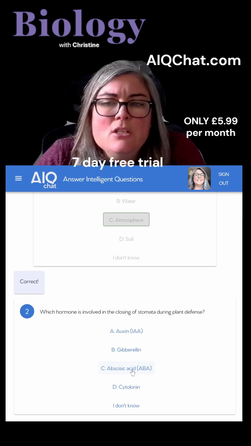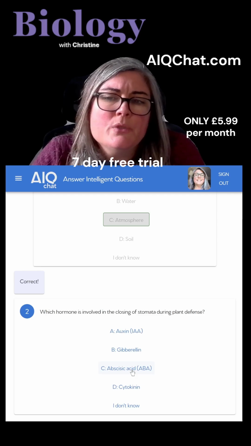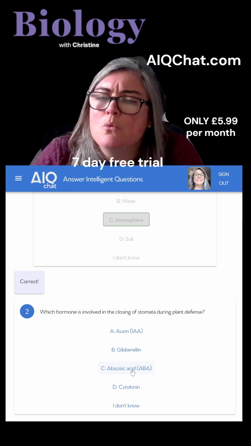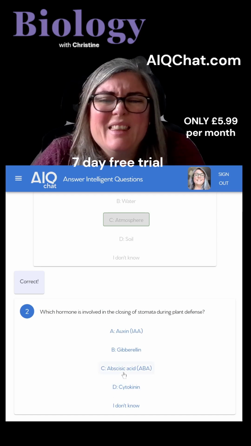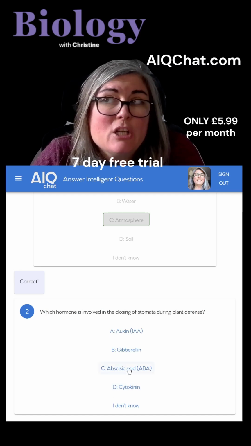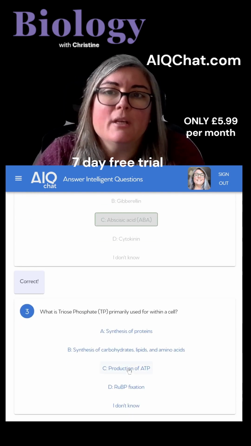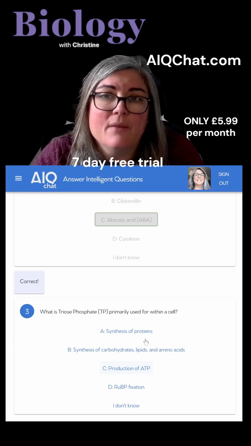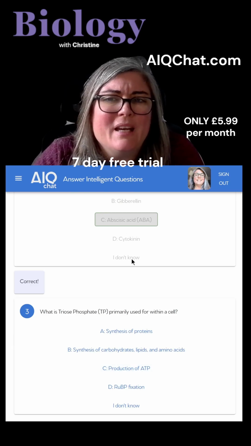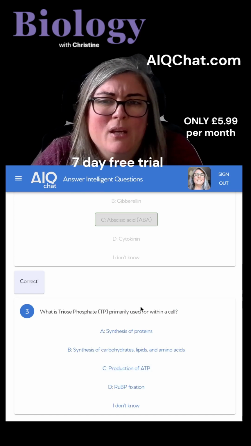Abscisic acid is to do with the closing of the stomata with regards to water stress. Cytokinins, I can't really remember what they are for. I think it's abscisic acid. Shall we see? So I click it. Oh, look, I am right. It's to do with the closing of the stomata. But I wasn't too sure about the cytokinin, so that's something I need to double check on.